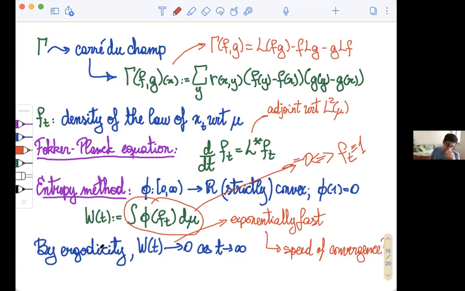So if you want a bound of the form W of t is less or equal than c times e to the minus lambda t, then you want this constant c to be as small as possible and this exponent lambda to be as big as possible. The convergence to 0 is not a mystery, the exponential convergence to 0 is also not a mystery, but you want to find the constants there.